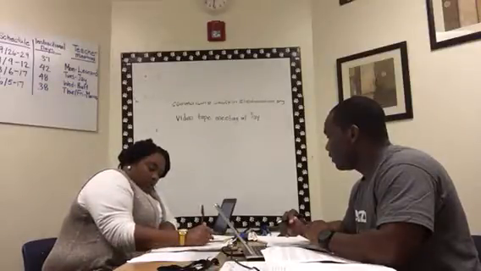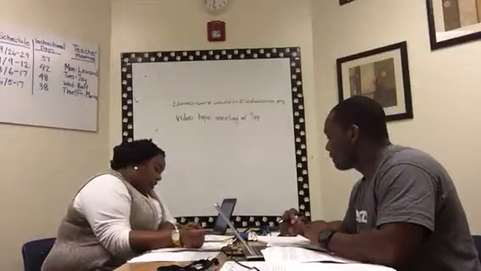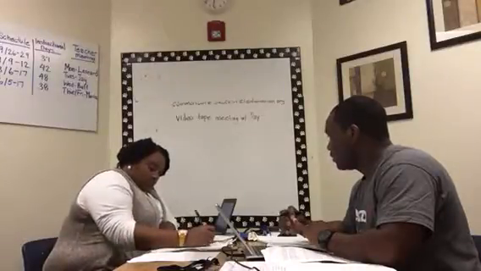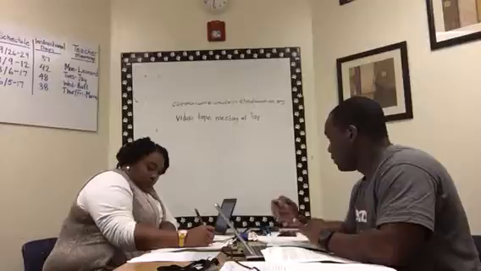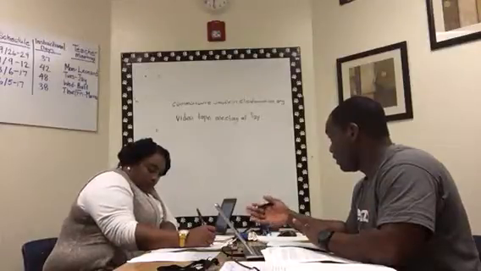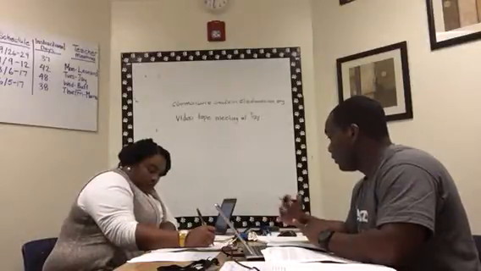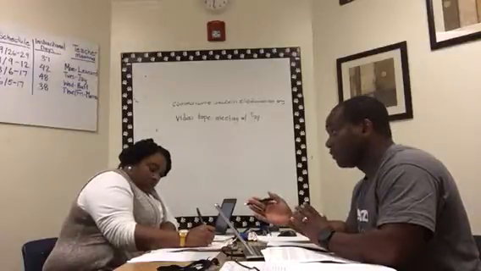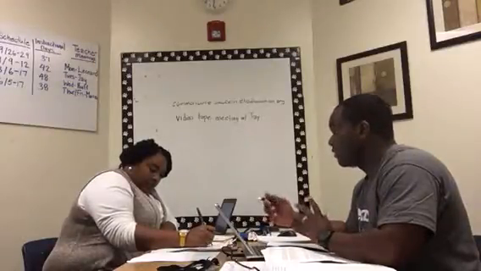So what are the two standards again? RI 6.2 and 6.5. 6.2 is that main idea piece. So that's where you talk about the gist, what you said back in the first half of the unit. And then 6.5 is structure, how it's set up.